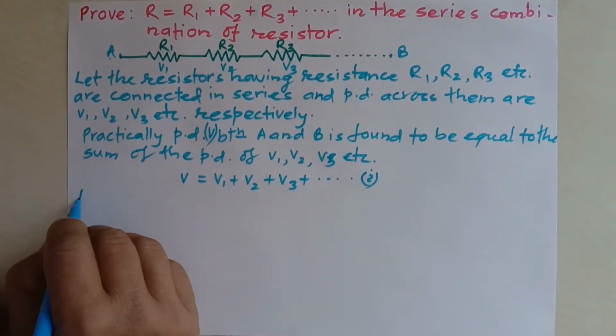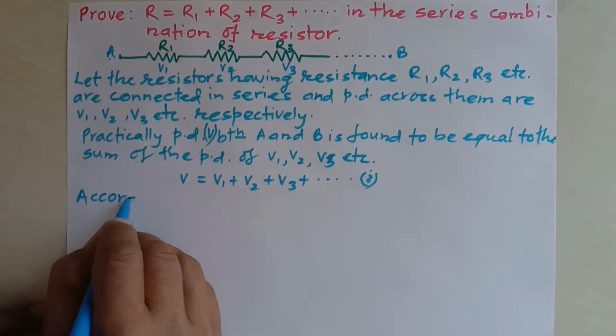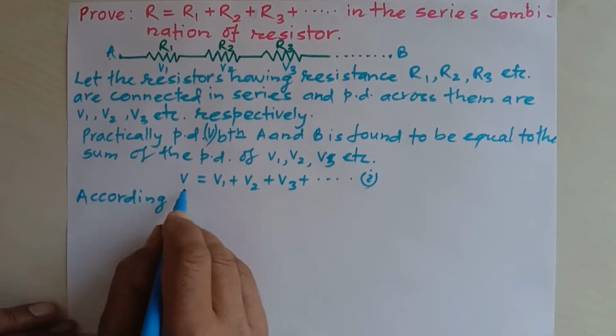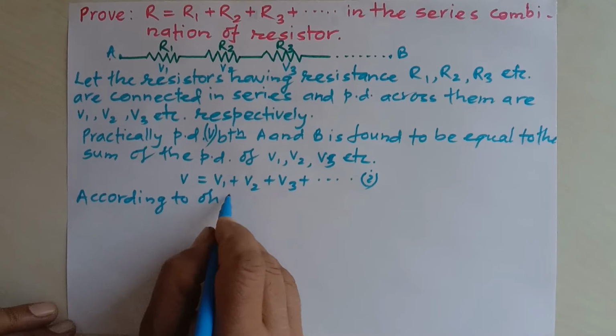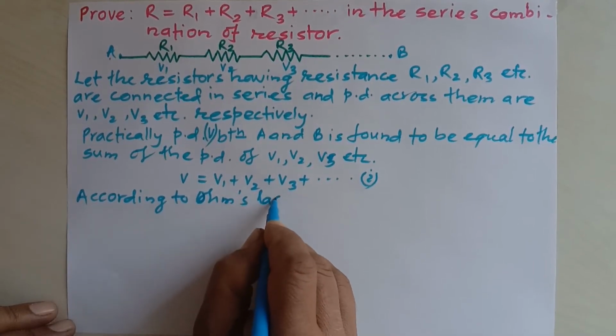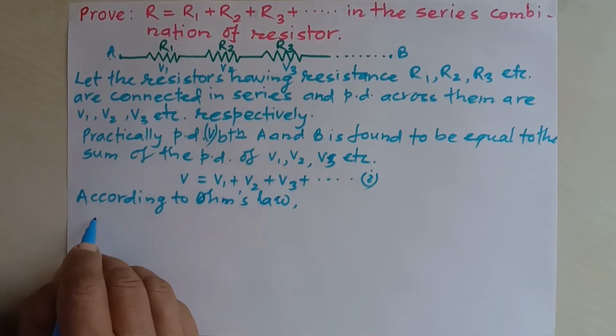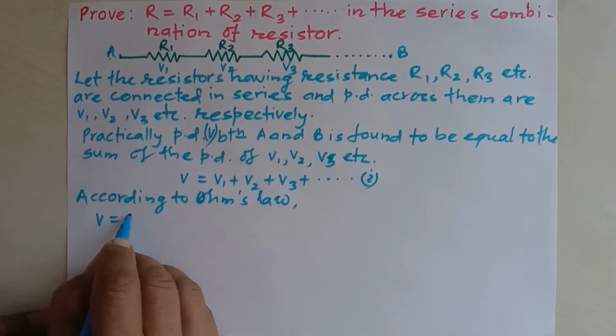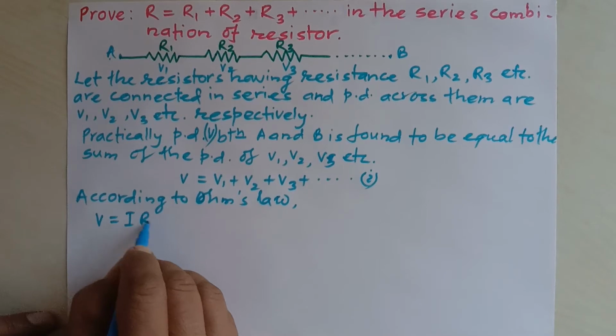Now, according to Ohm's law, we all know that Ohm's law says that potential difference is the product of current and resistance.